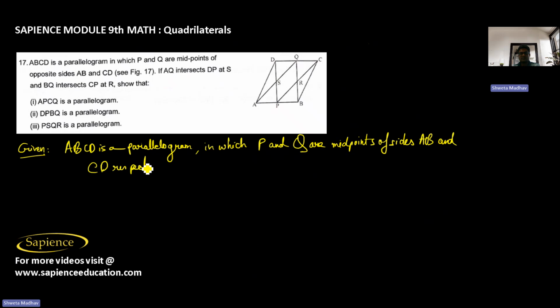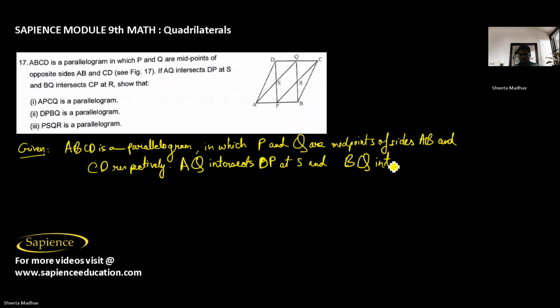And AQ intersects DP at S, and BQ intersects CP at R.